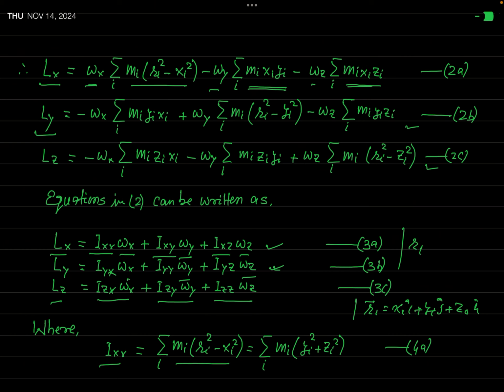So you can easily say that this ri square is simply equal to xi square plus yi square plus zi square. Okay? So if your aim is to express this quantity ri square minus xi square in a different form, you can see from this result that ri square minus xi square is equal to yi square plus zi square.